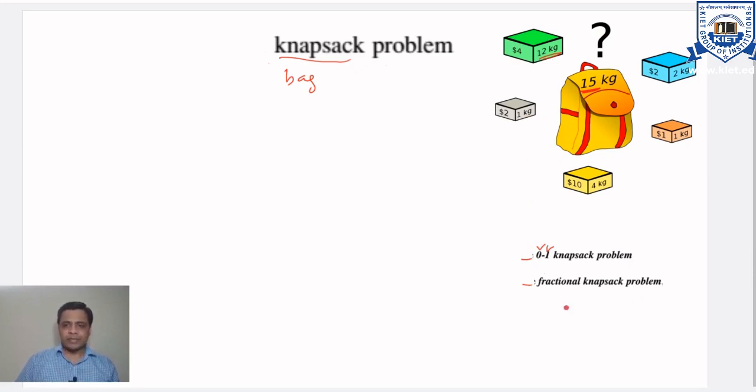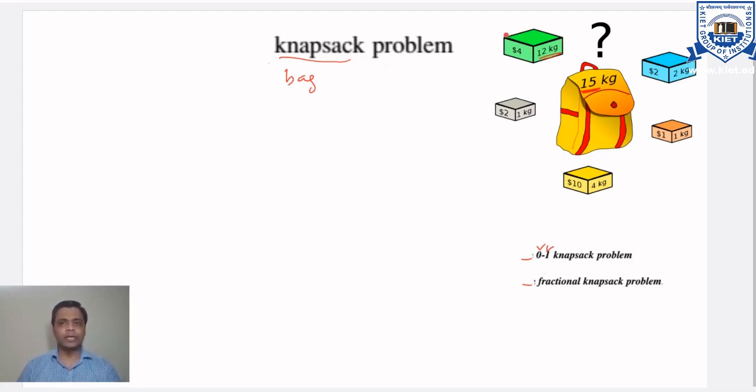And in the fractional knapsack problem, the assumption with these items is that you could take a fraction of an item. For the sake of simplicity, you could also consider these items as available in powder form. So you could take half of this item, 1/4 of this item, 1/8 of this item, and so on.